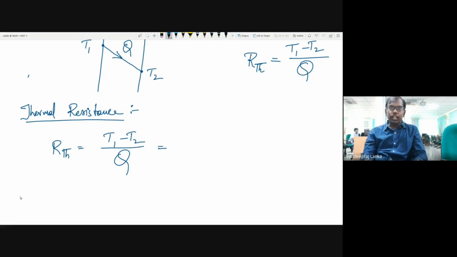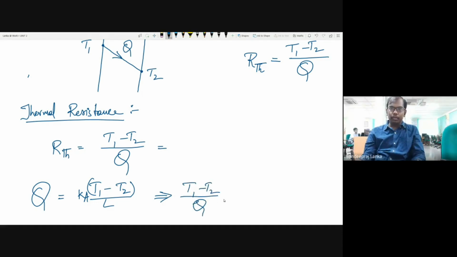If I write Fourier's law of heat conduction, Q is equal to K into A into T1 minus T2 by L. If I transform this equation, T1 minus T2 by Q will give you L by KA. So this is one particular formula for your thermal resistance.